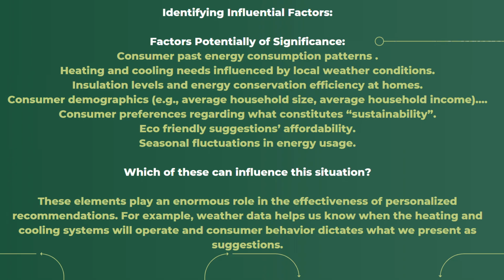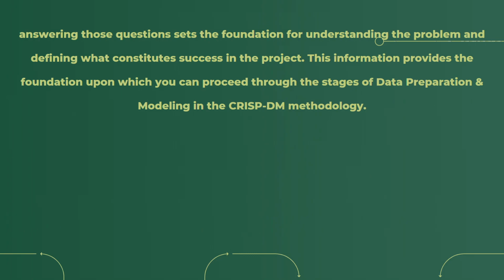Consumer preference regarding what constitutes sustainability, eco-friendly suggestions, affordability, and seasonal fluctuation in energy usage. These elements play an enormous role in the effectiveness of personalized recommendations. For example, weather data helps us know when the heating and cooling system will operate, and consumer behavior dictates what we present as suggestions.